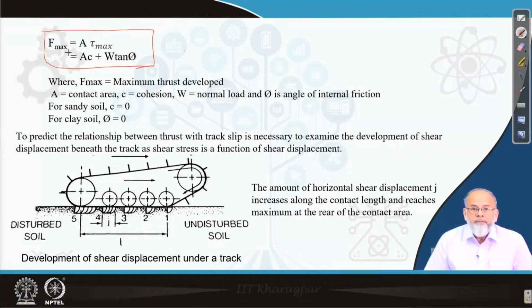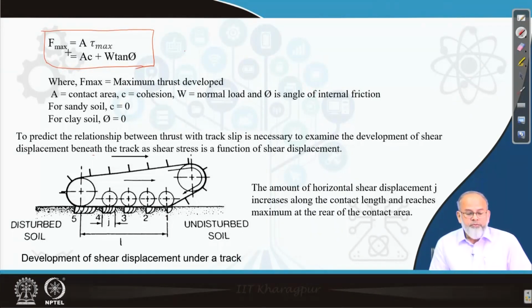Now, if it is a clay soil, then area comes into the picture and W has no role. But the equation cannot be applied for all conditions. It is only giving you the maximum thrust. If anybody is interested to find what is the thrust developed along the contact patch, then we have to know the shear displacement under the track at the interface between soil and track.